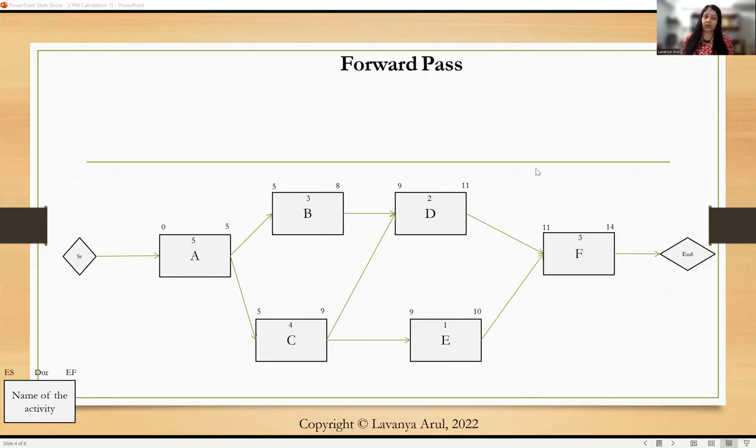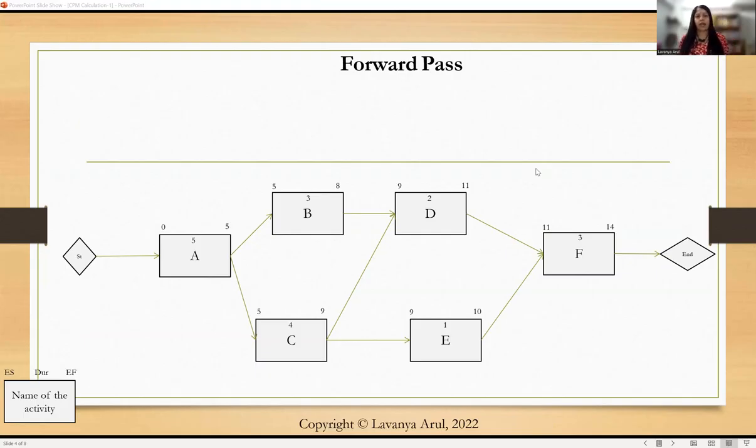Below the screen on the left-hand side, you're able to see the legend. The name of the activity is in the middle, duration top middle, early start left-hand side of the activity, top, early finish is right-hand side, top. In the activity, this is how it is going to be represented.